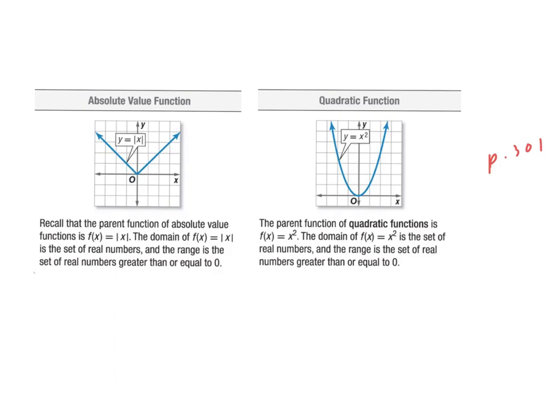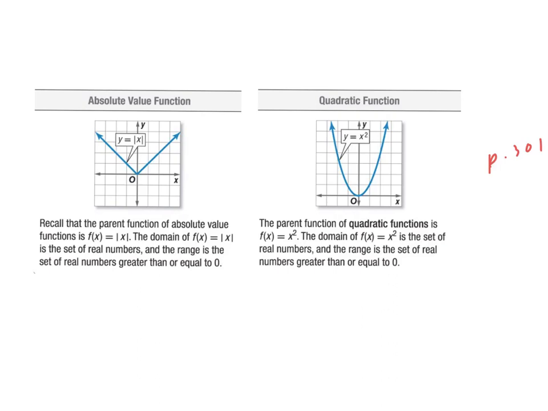What changes could be the size of that graph, the position of that graph, or the direction of that graph. And when the direction changes, or the size changes, or the position changes, what we call that is a transformation. Okay?